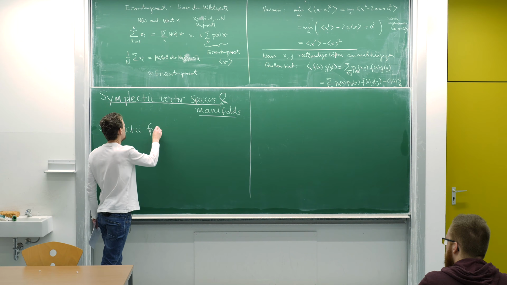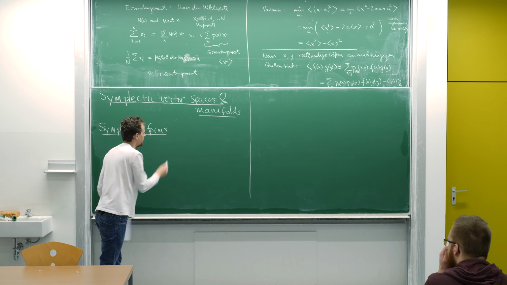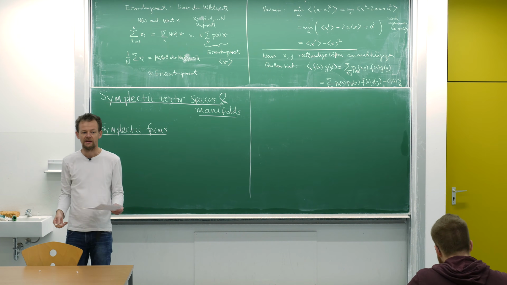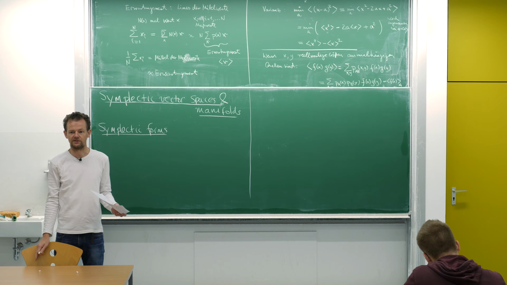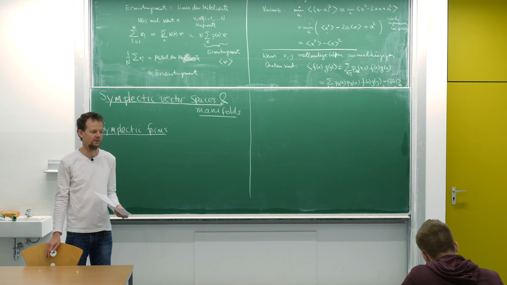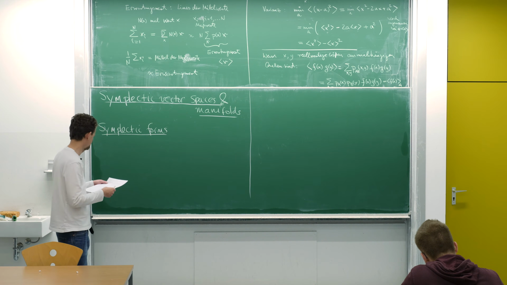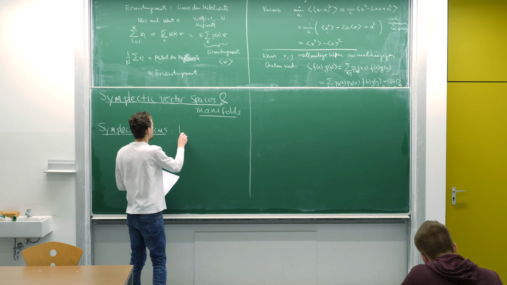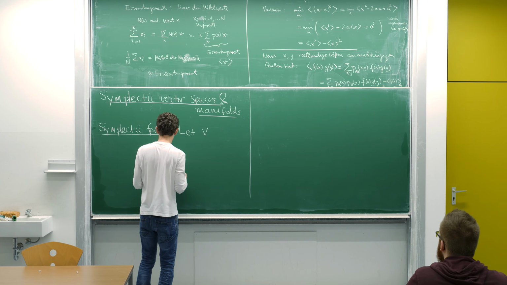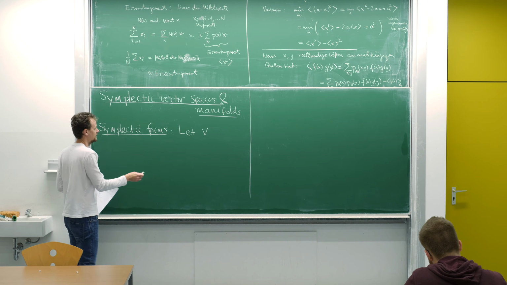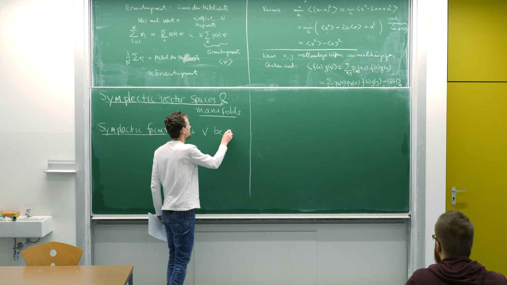So the first thing we want to study are things called symplectic forms. These are going to be quadratic forms on some real vector space with some properties. So in other words, matrices. So V in this discussion is going to be a finite dimensional vector space.